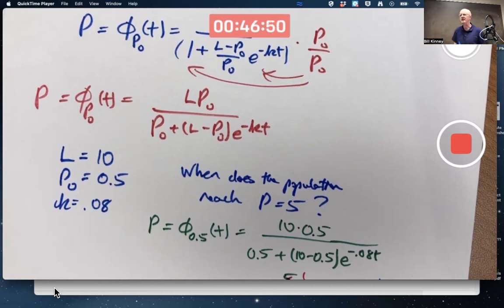Maybe your goal is to really figure out what L is. You know, P naught is just whatever the population is right now, say. Maybe you know K based on birth rates, or maybe based on what the population is a year later, and you've got to figure it out. What's the carrying capacity of the Earth?